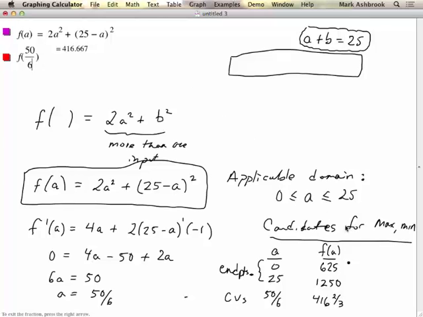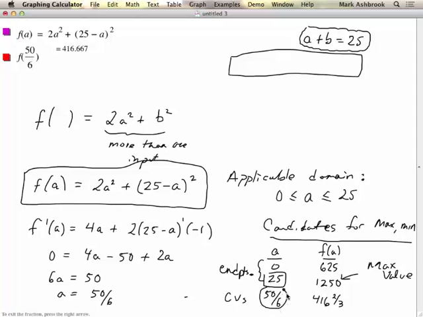Okay, so the maximum occurs at 25, at the right endpoint. The minimum occurs at our critical value.